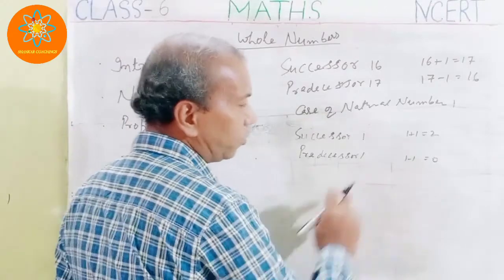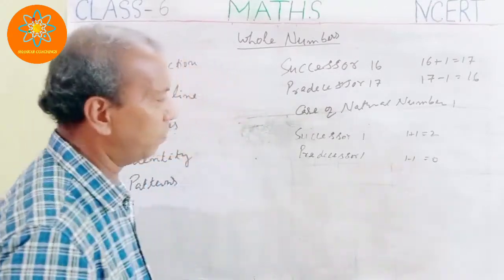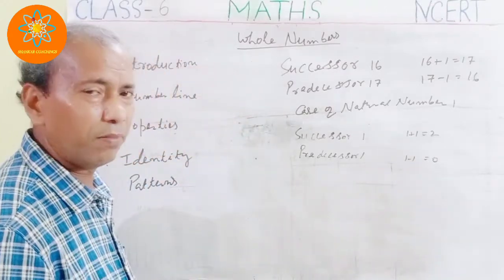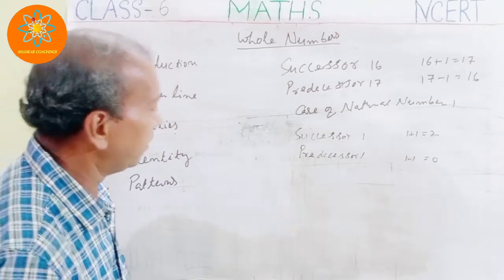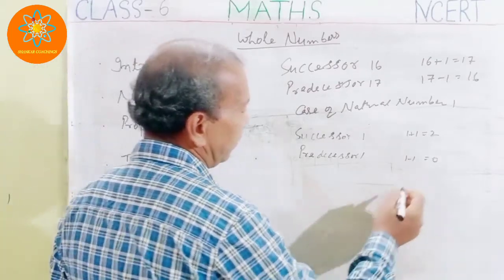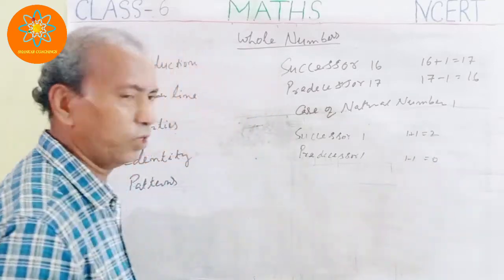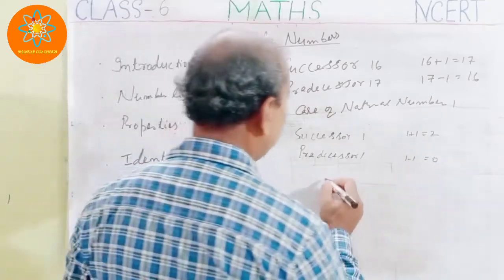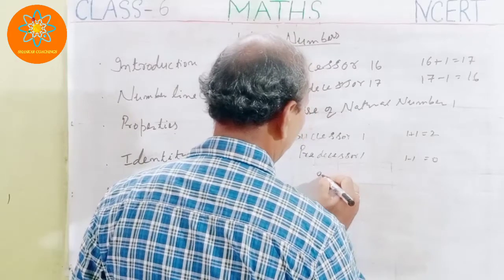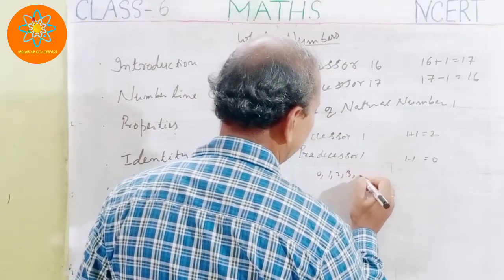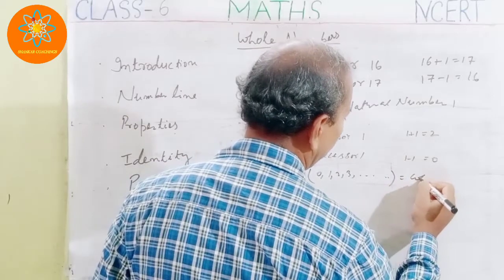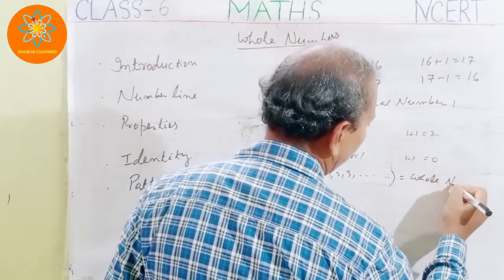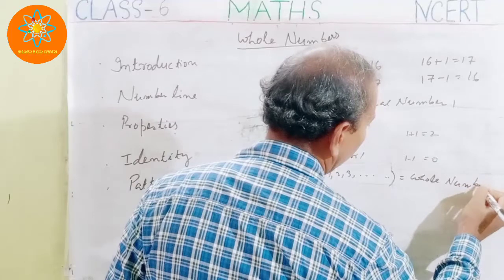See, in the natural numbers, what is there? The natural numbers start from 1: 1, 2, 3, 4, like this. But if I start the natural numbers with 0, meaning 0, 1, 2, 3, like this, then this is called the whole numbers.